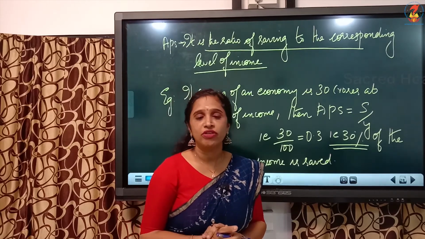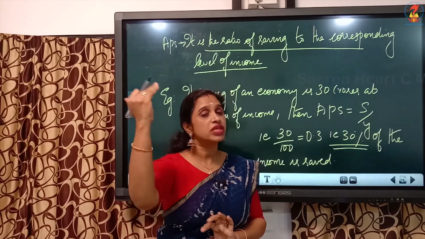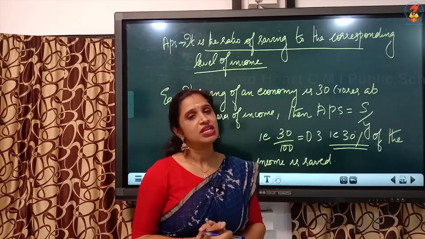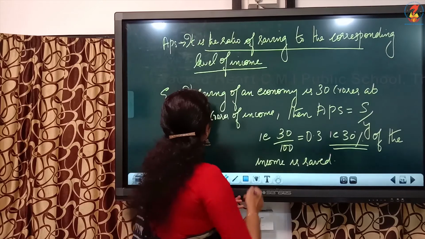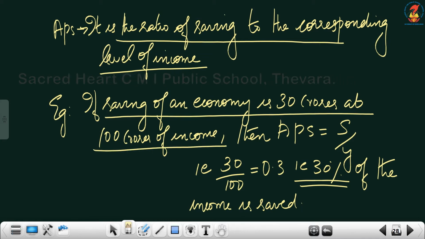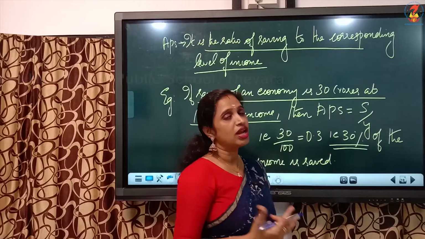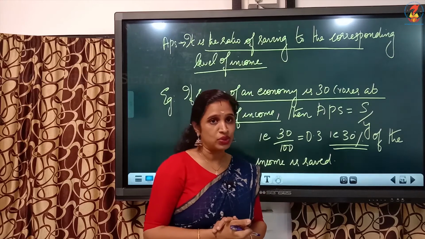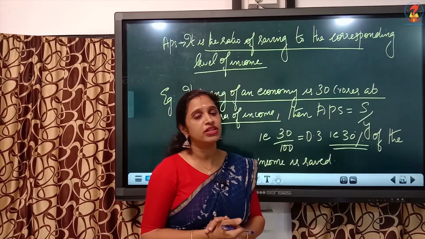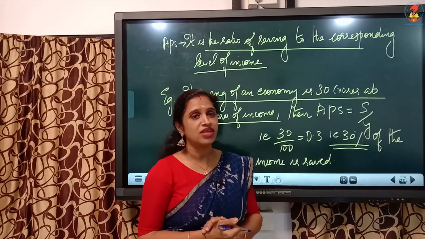From the income level of the economy, how much is saved in the economy, that is known as average propensity to save. An example: if saving of an economy is 30 crores at 100 crores of income, what is the total level of income in the economy? 100 crores. In that 100 crores, 30 crores is saved in the economy. That is known as APS.